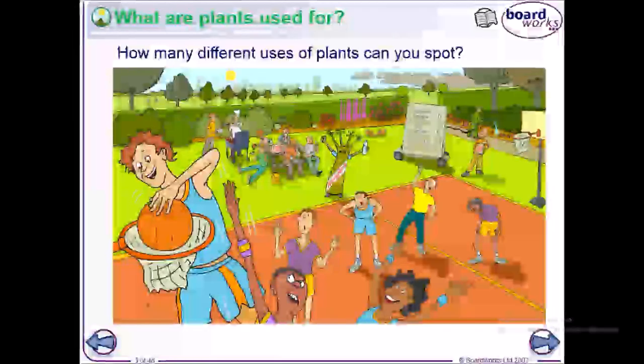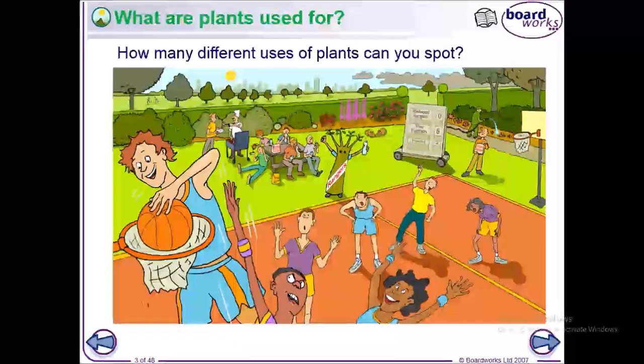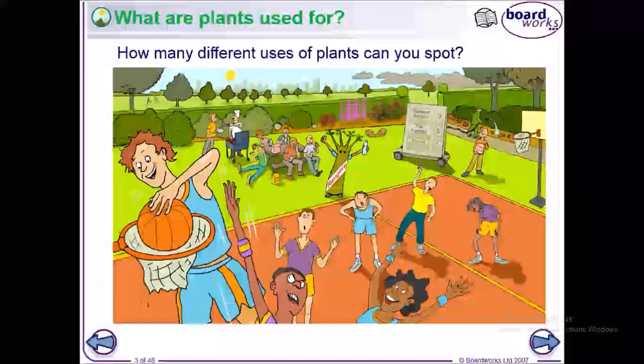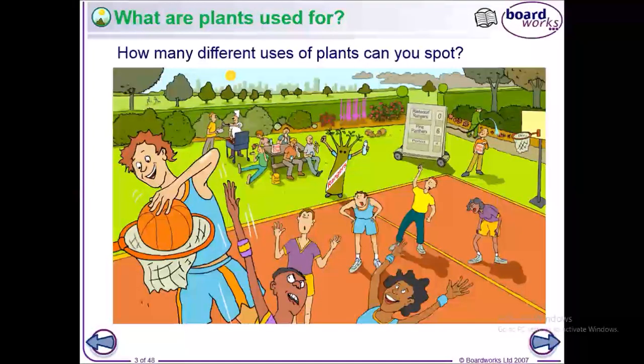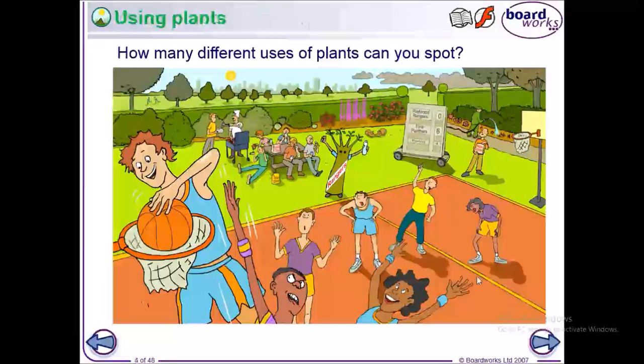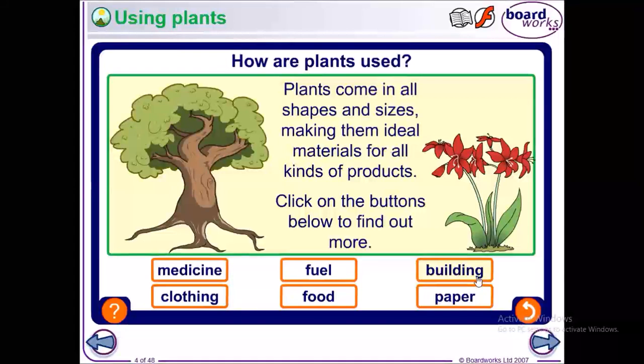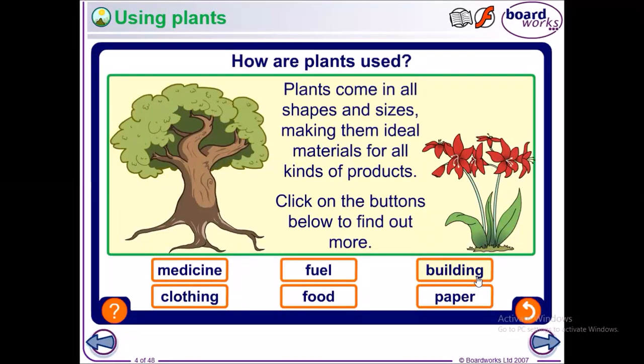If you look at this picture, you will see that we use plants for everything: for shadow, for clearing the air, for having a beautiful smell, for example, in the garden. We use plants for a lot of things, but one of the main uses is that they give us oxygen, which we need to breathe.